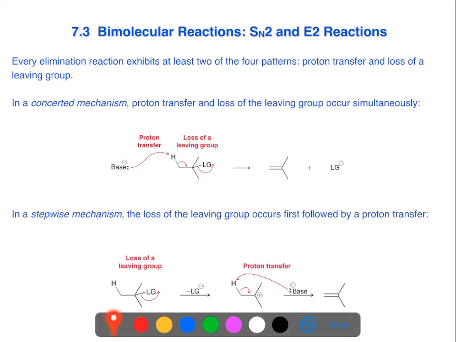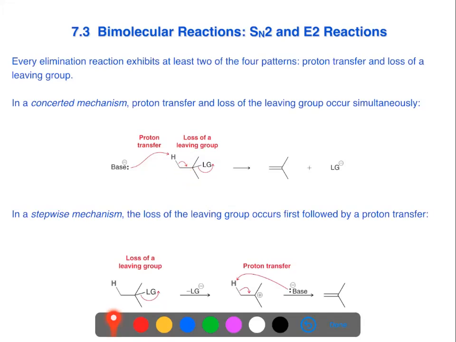And so as you can see in this example, in the concerted mechanism, the elimination reaction involves a base. And the first part of this mechanism is the base undergoing a proton transfer. So the base is accepting this hydrogen atom as a proton in a proton transfer reaction. What's also happening is the second curved arrow is showing that the electrons of this carbon-hydrogen bond are going to become a new pi bond.